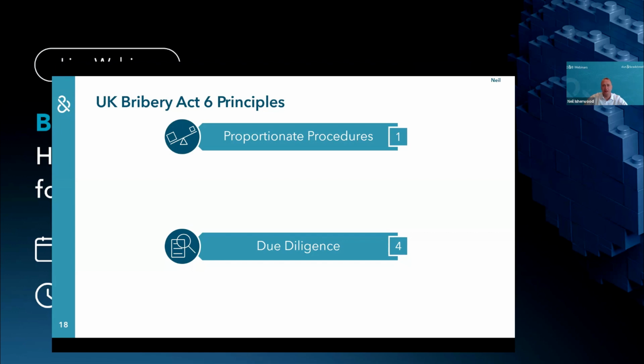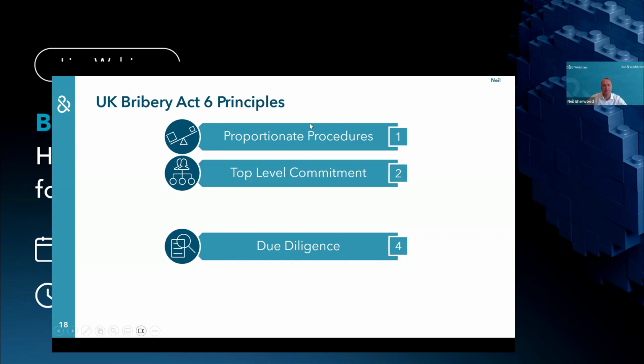But then if we look at the wider context, the first principle is proportionate procedures. This is where it's saying that your organization should have a program that's proportionate to the risks it faces, taking into account the complexity and the types of activities that your business does. Then the next one is quite key.